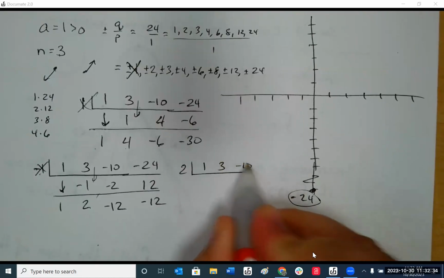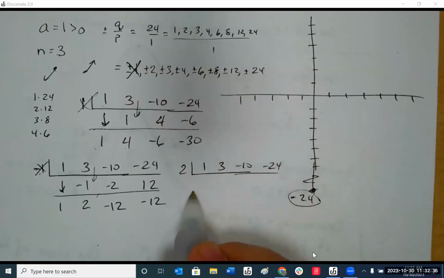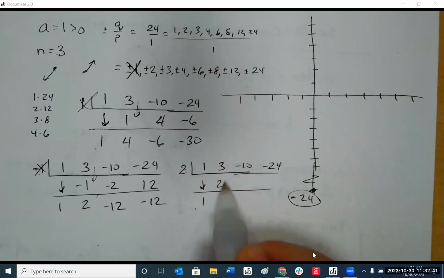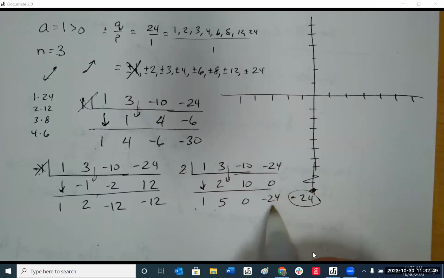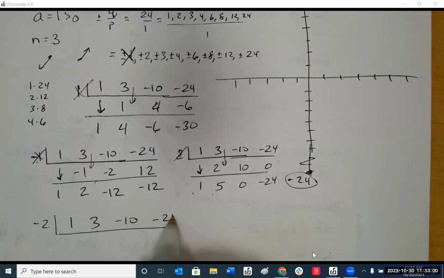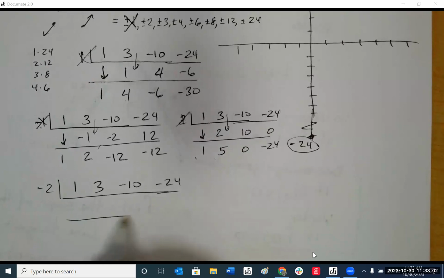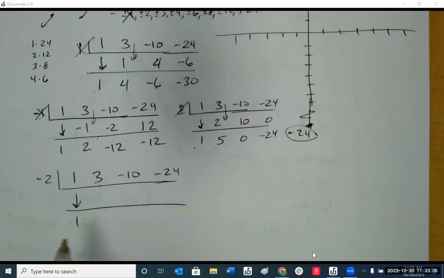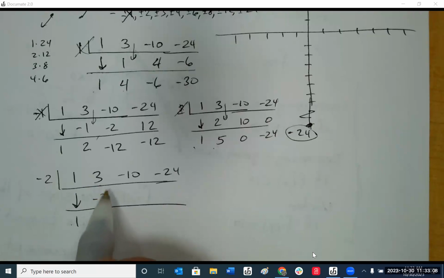We have to try 2 now. 1, 3, negative 10, negative 24. 2 times 1 is 2. That gives us 5. 2 times 5 is 10. So that one doesn't work. So we'll try negative 2. Negative 2 times 1 is negative 2. 3 minus 2 is 1.